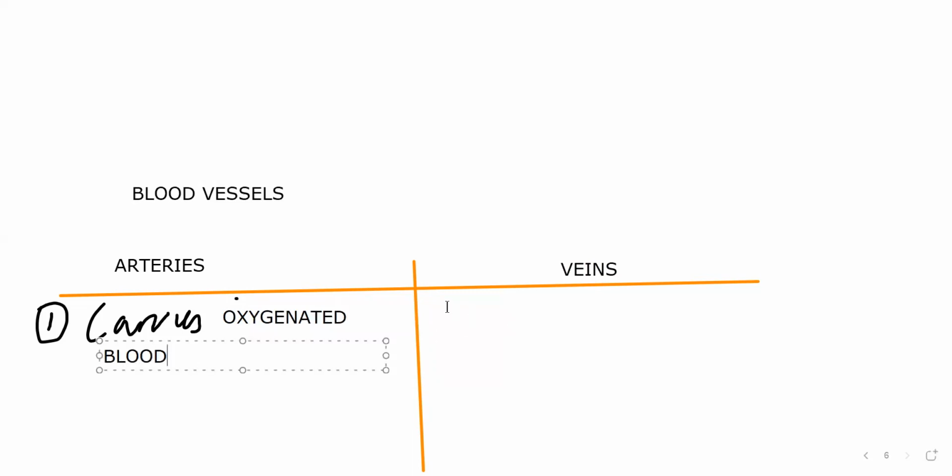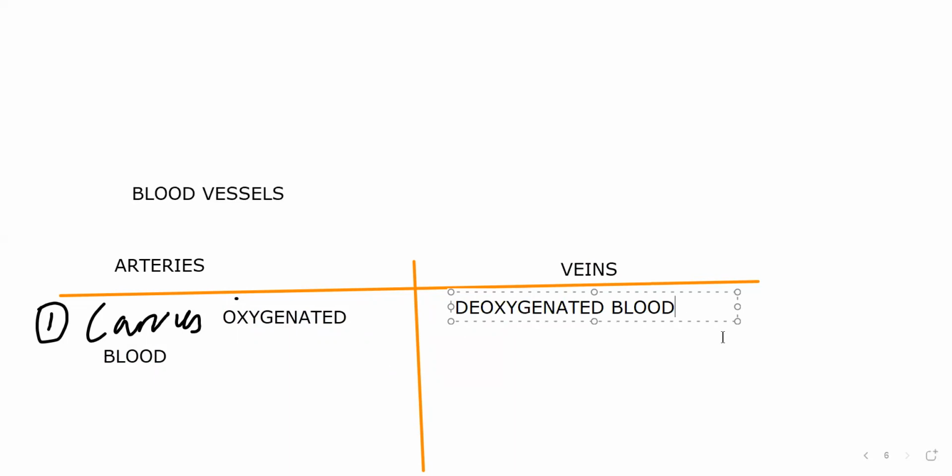Veins carry deoxygenated blood from the other parts of the body to the heart.